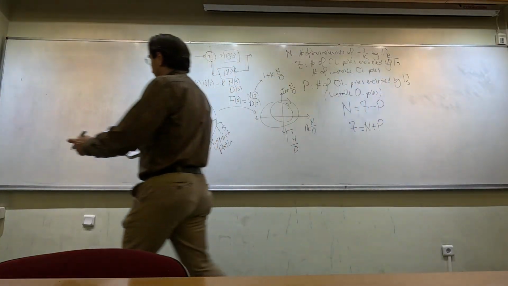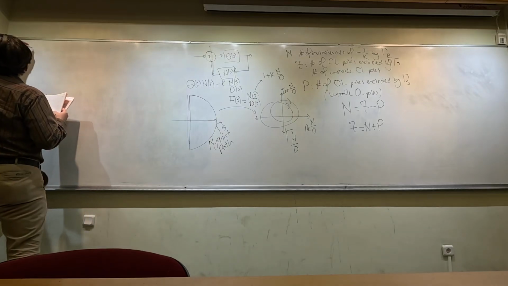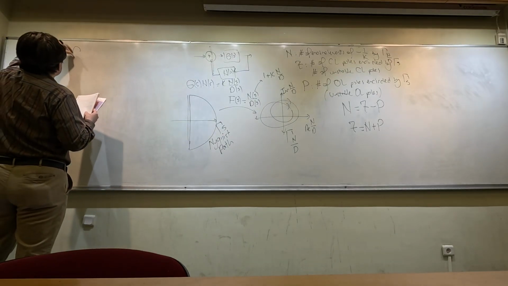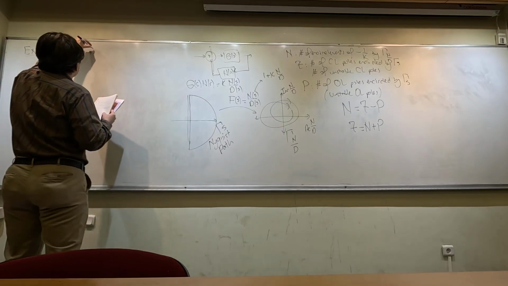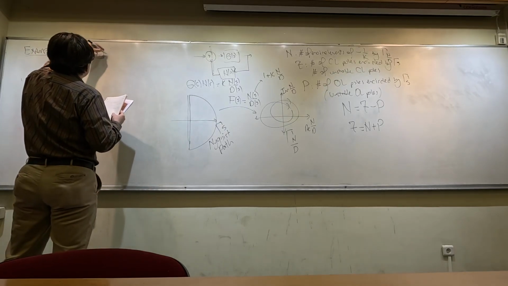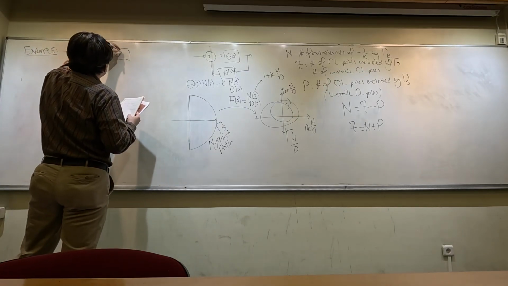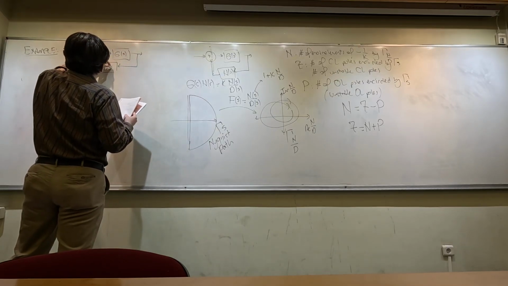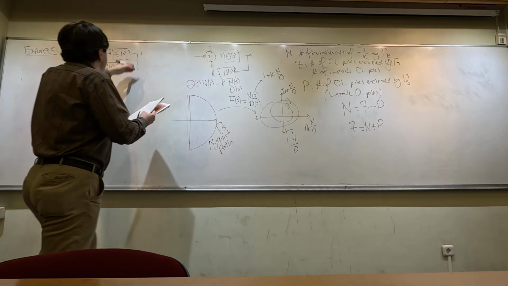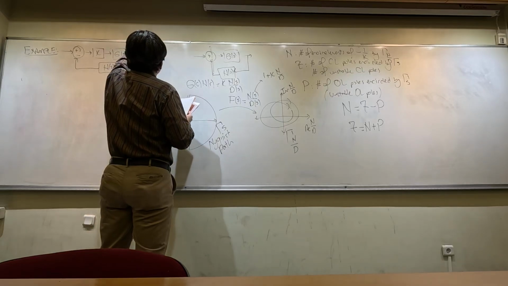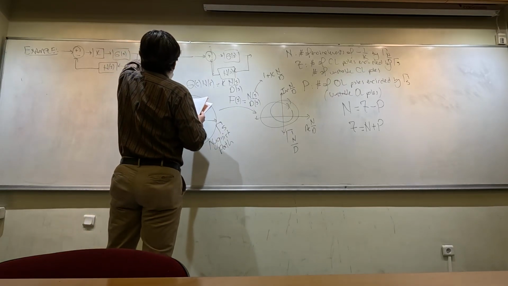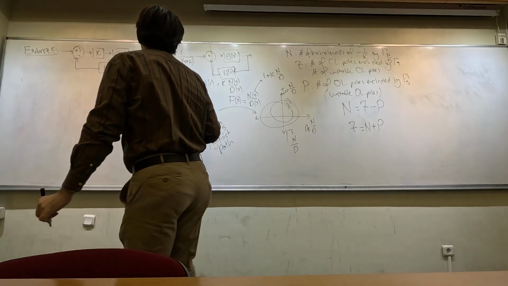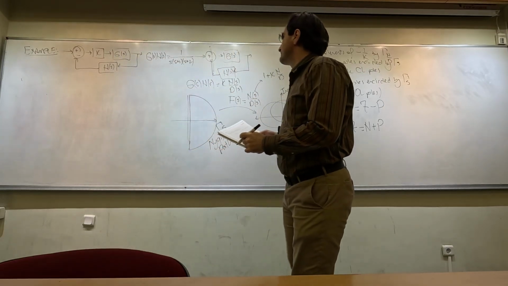So here, let us look at an example. Let us say that we have the following system. I have K, and I have G of S, and I have H of S here. Here G of S, H of S is given as 1 over S, S plus 1, and S plus 2.